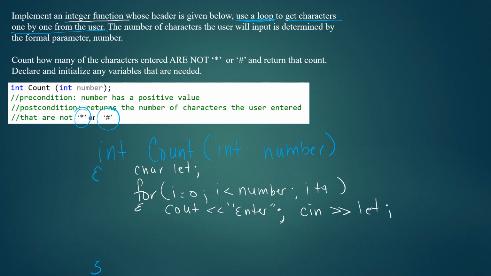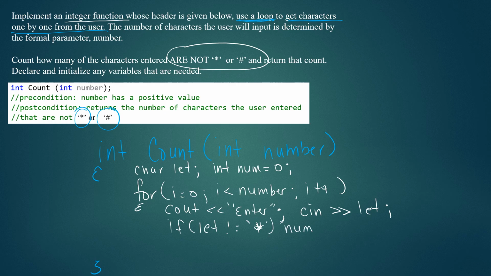So that's the first part. I'm going to get that many characters from the user. Now I have to count how many characters are not an asterisk or a hashtag. So I'm going to have another variable. I'll just call it num, initialize it to 0. I'm just going to do it in a very straightforward, easy way. I'm going to say if let does not equal asterisk, then num plus plus.